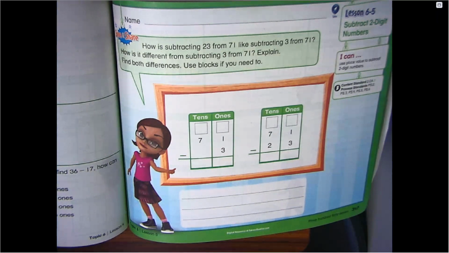Okay. This question, pause if you need to catch up and then jump back in. This question says, how is subtracting 23 from 71 like subtracting 3 from 71? How is it different from subtracting 3 from 71? Well, let's take a look.